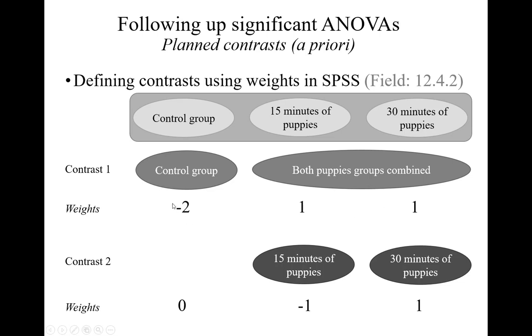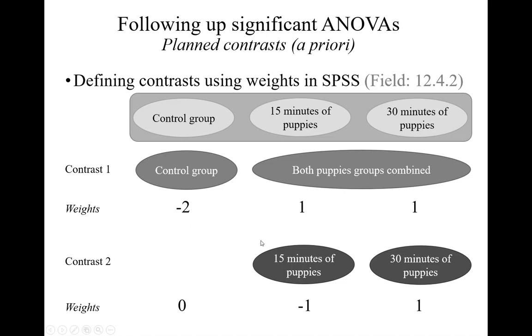You could also, if you wanted to, make this, for example, -4 and these +2 and +2. As long as it equals 0 and one chunk is all positive numbers and the other chunk being compared to is all negative numbers, then that's all good.